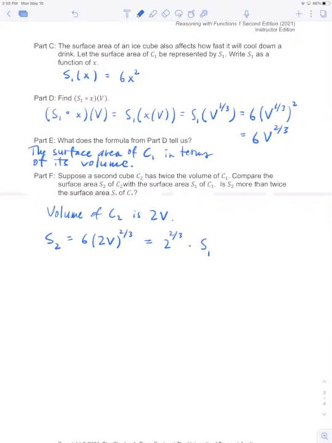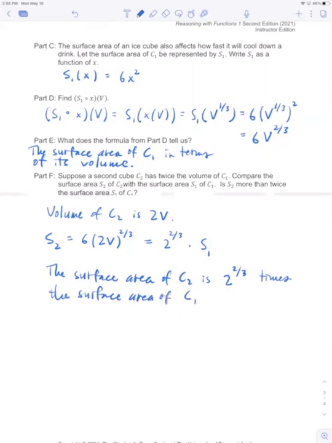So that tells us the surface area of C2 is 2 to the 2/3 times the surface area of C1.